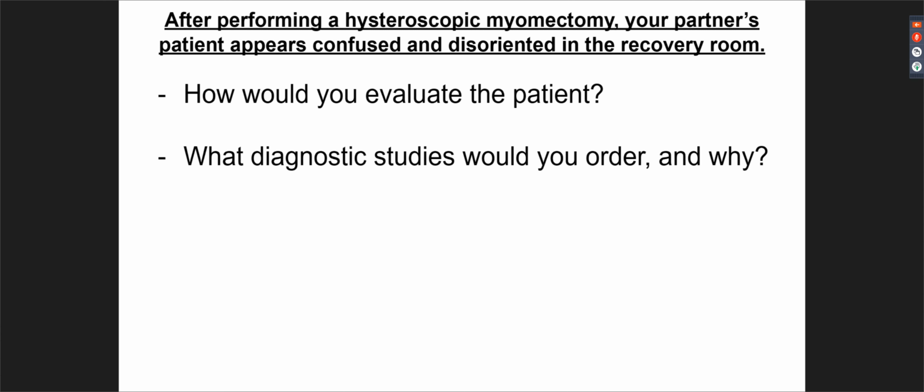Now, is it a factor what type of distension media you use? Yes. Well, in terms of the fluid deficit, you essentially will use the same metrics. Yes, there will be concerns in terms of the medium that I'm using.